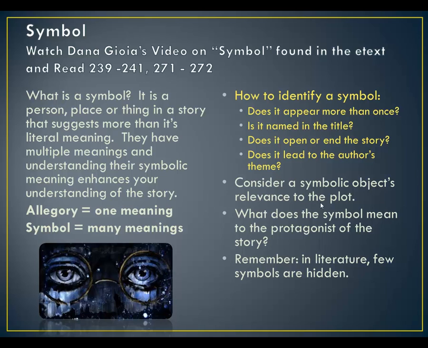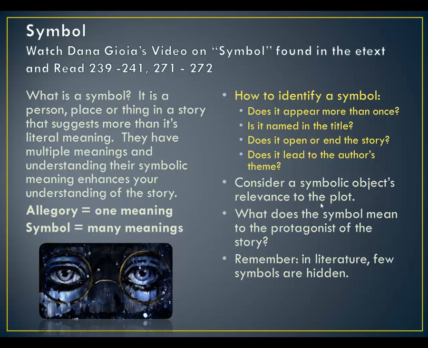And this symbol's been greatly interpreted throughout literature. So it's a good example of a symbol, but there are plenty of symbols that you'll have no problem finding once you think about symbol in all of the stories we've read so far.